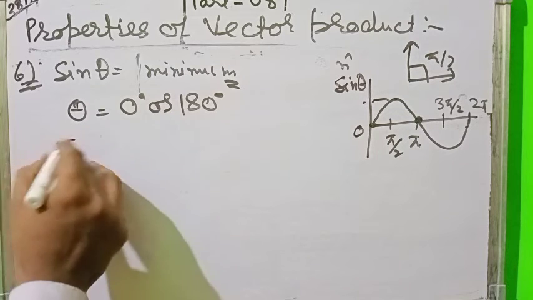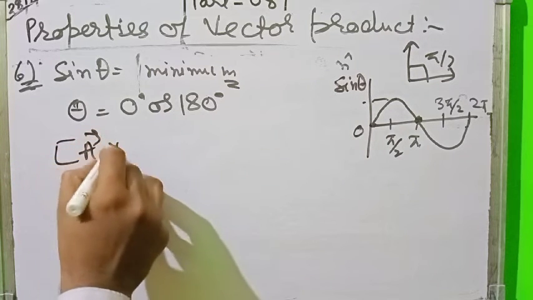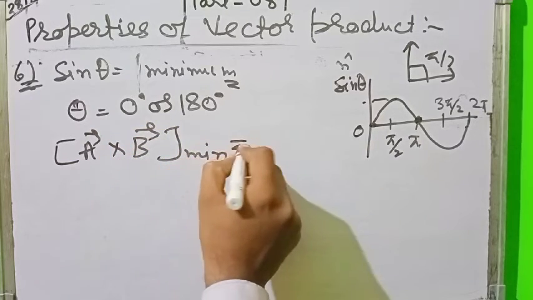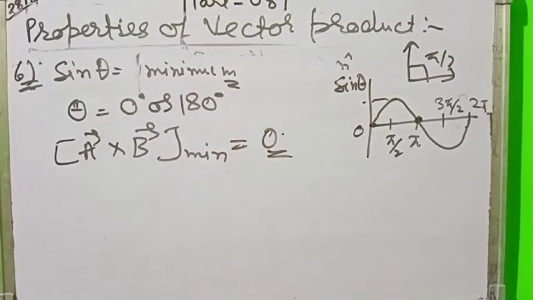So vector A cross vector B gives its minimum value, that is equal to 0.